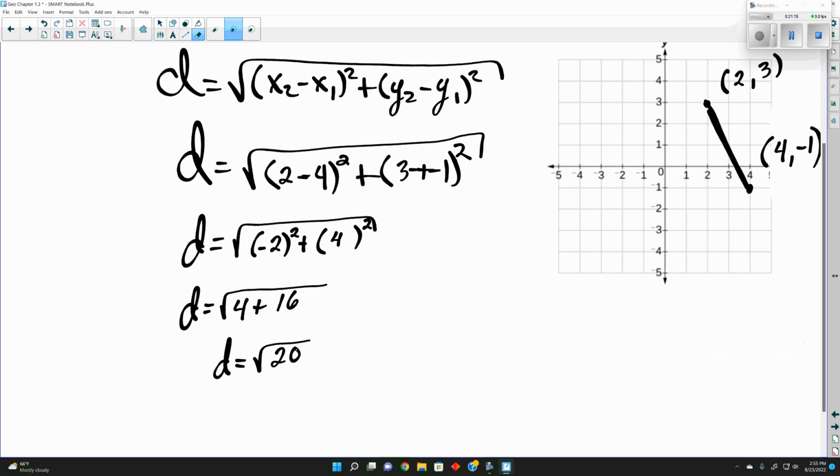So the distance between these two is the square root of 20. If you plugged it into the calculator, you should get 2 square root of 5. Because it's in simplified radical form.